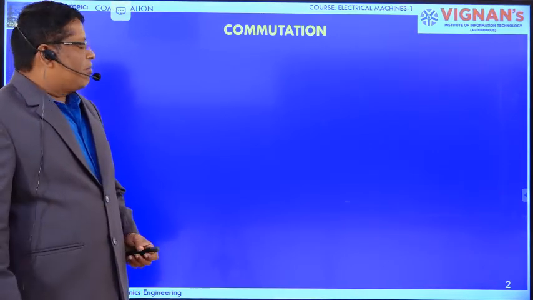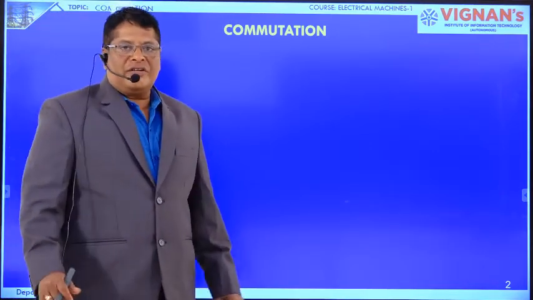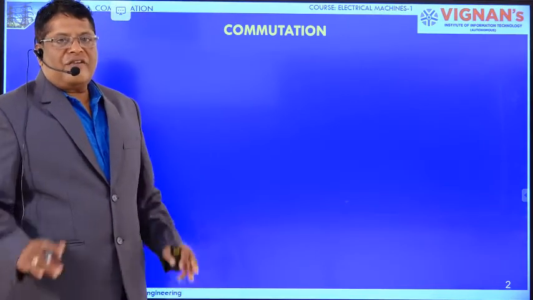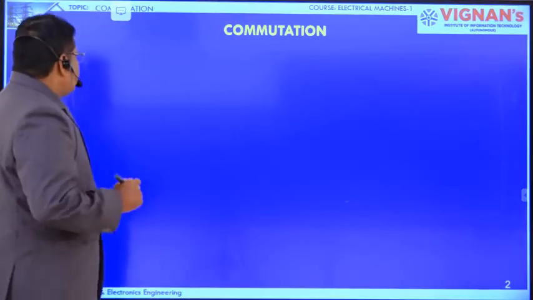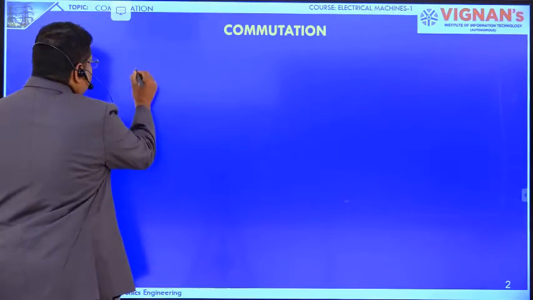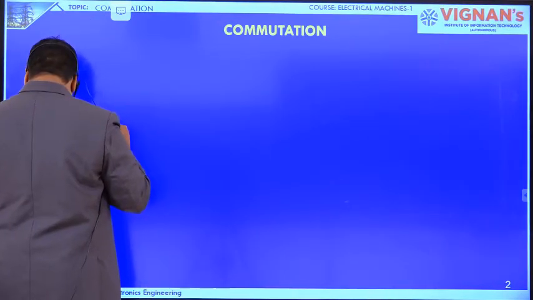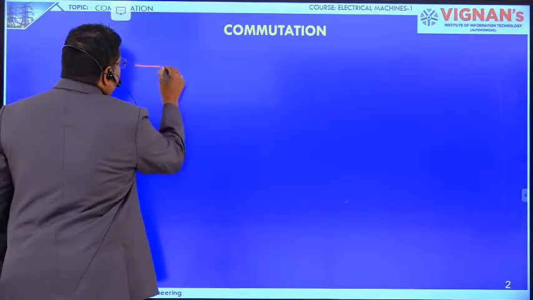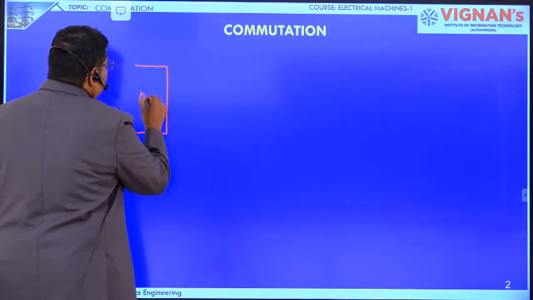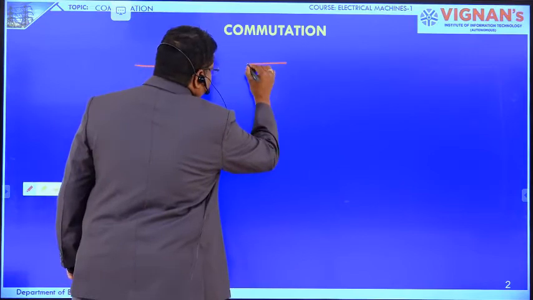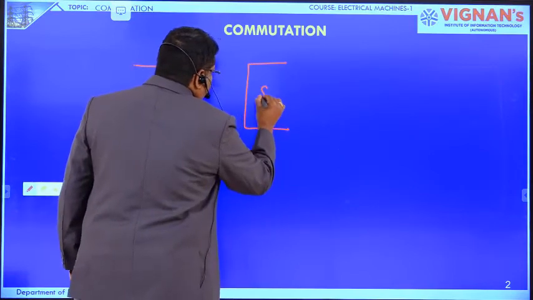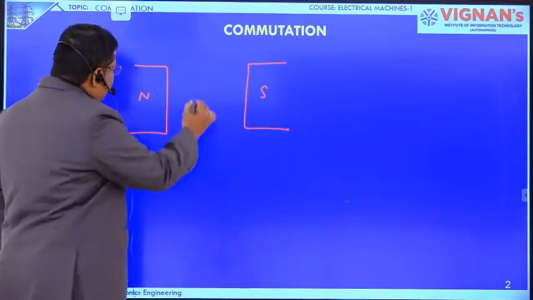Now what is meant by commutation? Before going to commutation, let me take a 2-pole DC generator. This is the north pole, this is the south pole. Between the north pole and south pole, the armature is there.